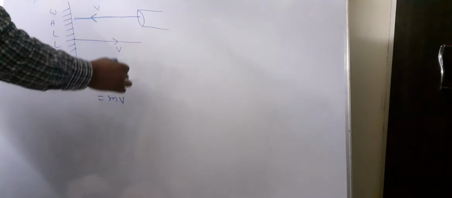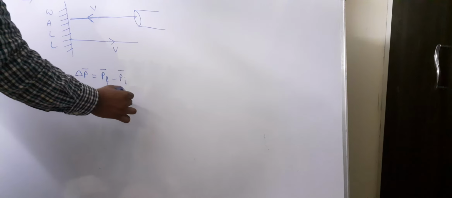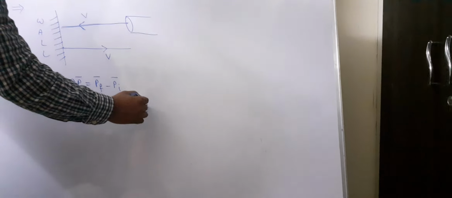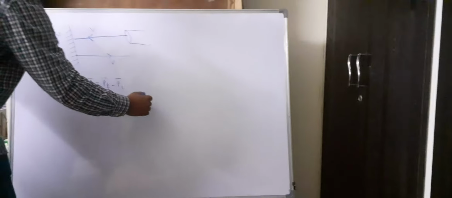What is the direction? Positive x-axis, so m v i cap. The initial velocity is also v, but it is moving in the negative x direction, so minus i cap.